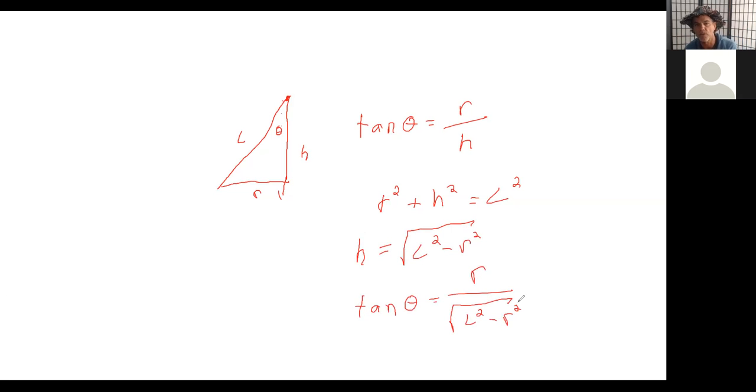So then ultimately what you're going to do is get the speed just in terms of r, L, and g. Ooh, that's going to be something really nasty. It's not too bad, but I just wanted to let people know that it's going to be a square root inside a square root.